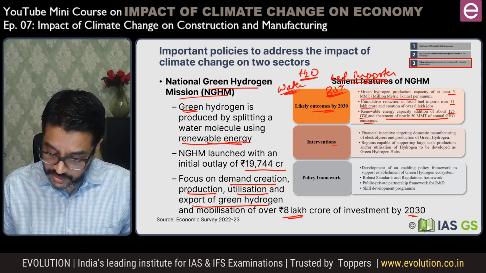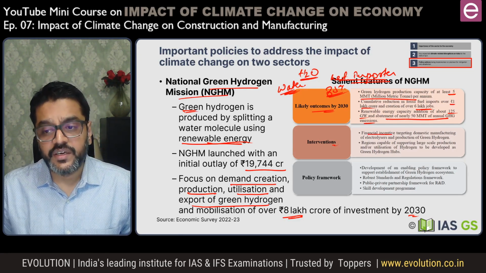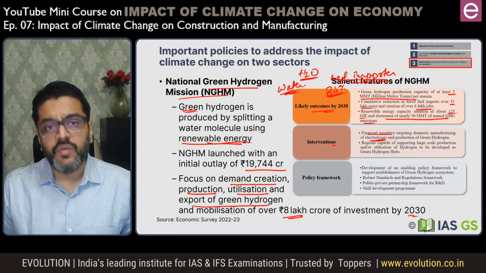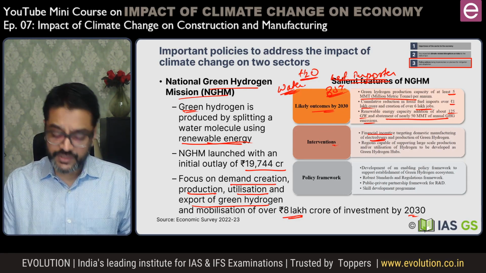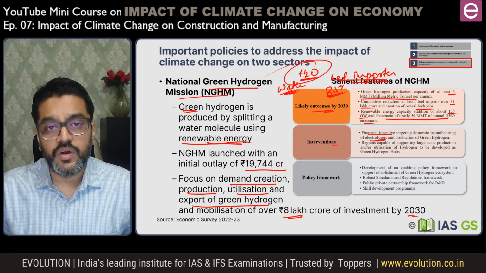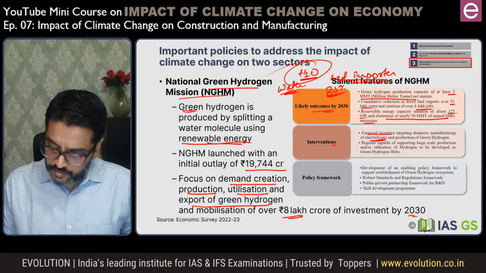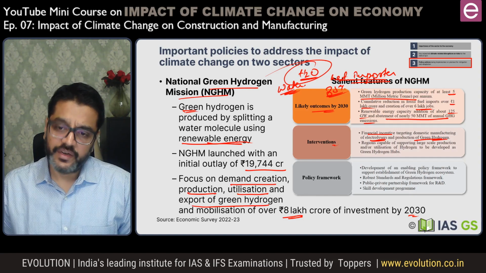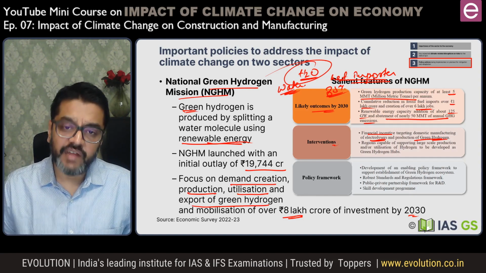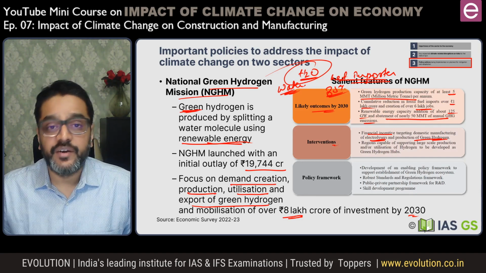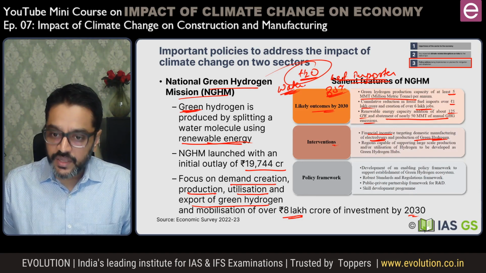Through these interventions. So we will offer financial incentives to encourage the manufacturing of electrolyzers. Now, what are electrolyzers? Basically, these are machines in which this water molecule is broken into hydrogen and oxygen, right? And these obviously have to then run on renewable energy in order to classify the hydrogen that is produced as green hydrogen, right?